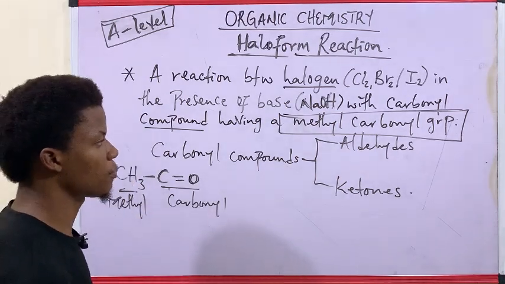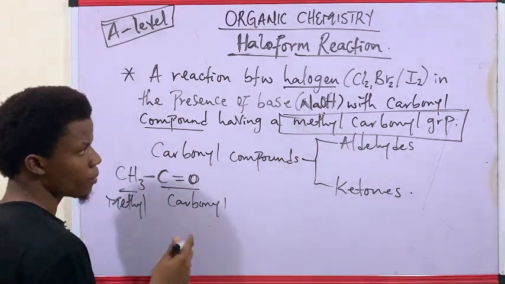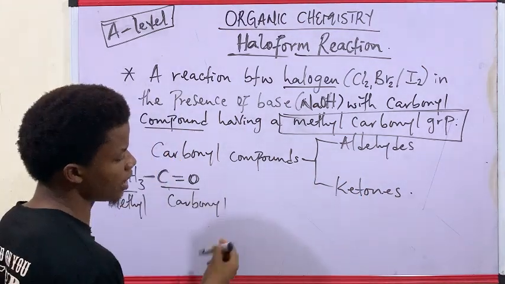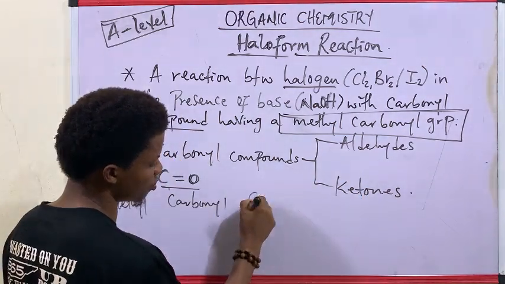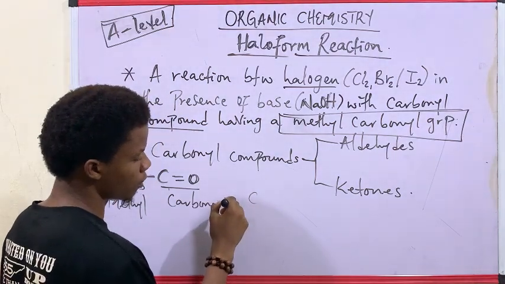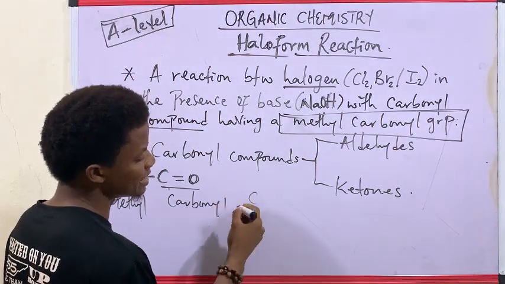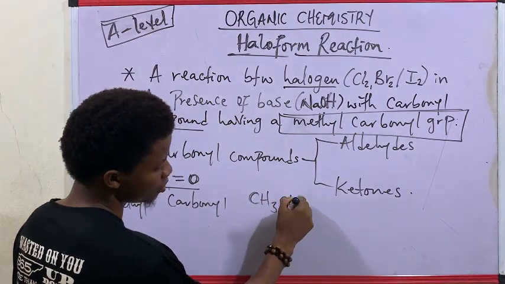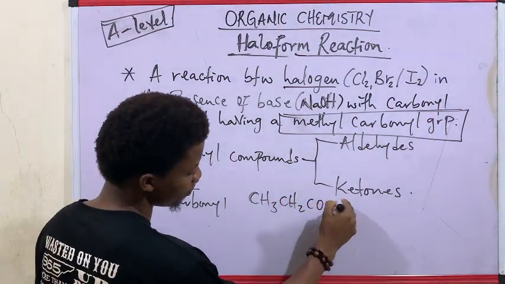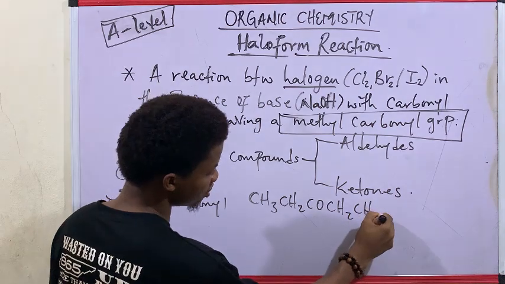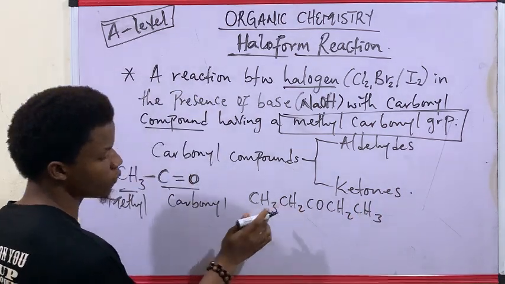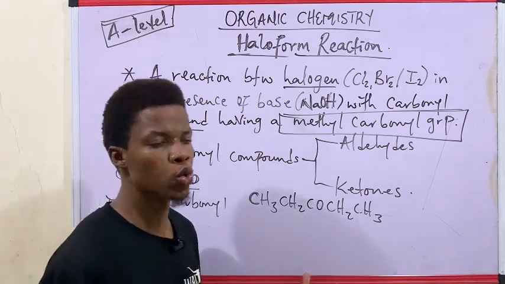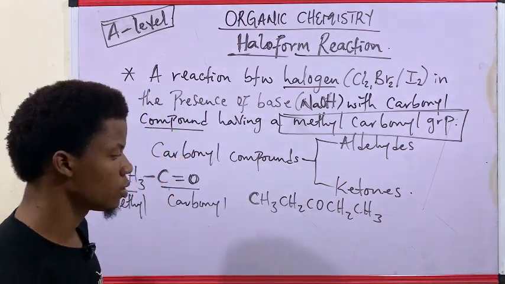Now, having seen this, let's take a practical example. If you take ketones, let's take pentan-3-one, that is CH3CH2COCH2CH3. There are 5 carbon atoms.